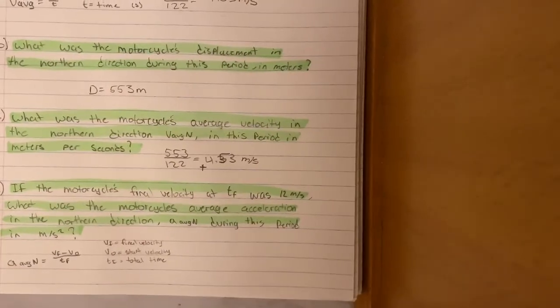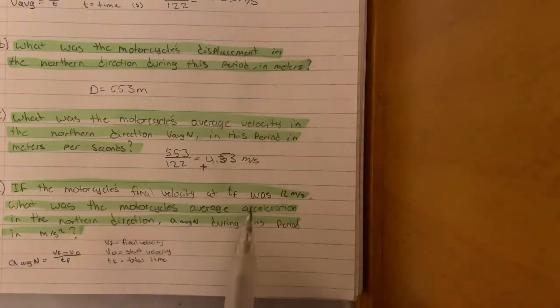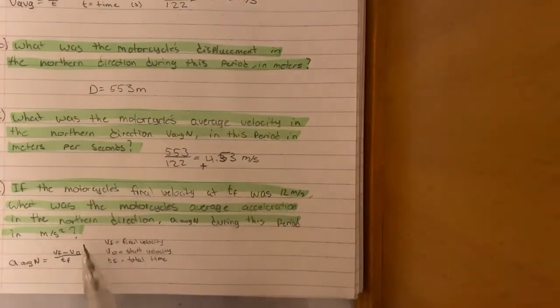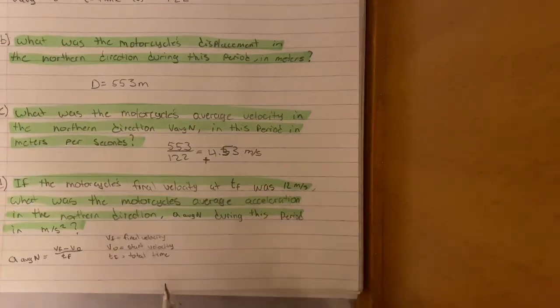The final question was, if the motorcycle's final velocity at t final was 12 meters per second, what was the motorcycle's average acceleration in the northern direction during this period in meters per second squared?